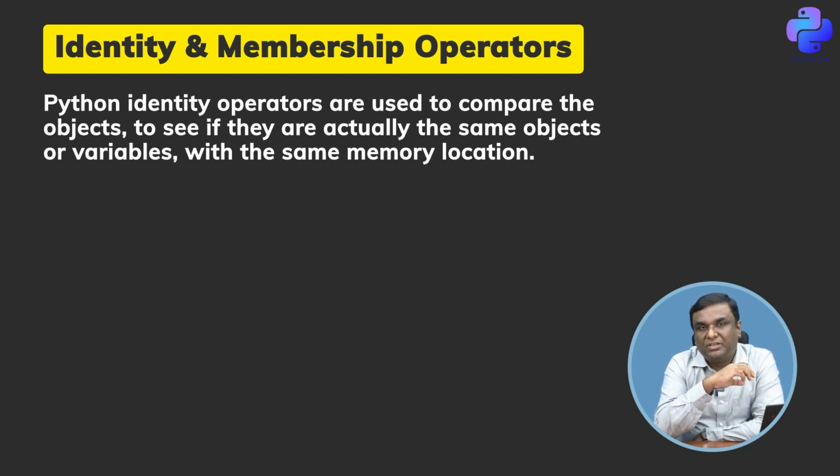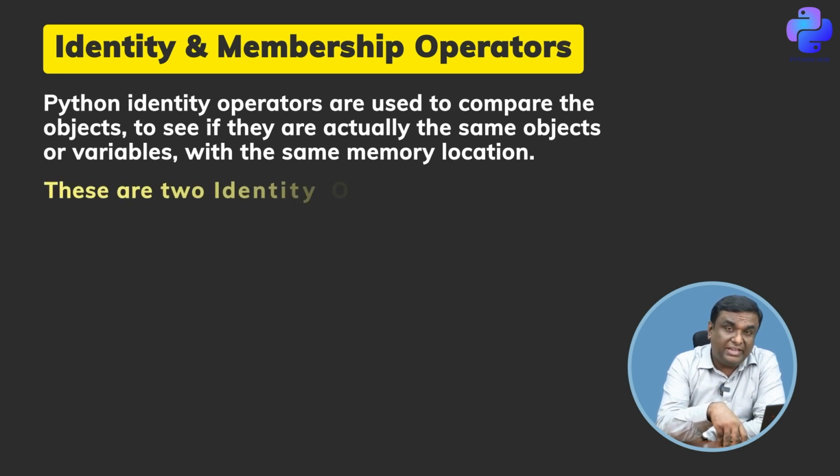If you remember, we can assign a value to a variable, we can assign a reference to a variable. So when you are assigning a reference to a variable, it is the same memory location that you are trying to tap. So you are using identity operators to check whether two variables have the same reference or are using the same object. That's what we are trying to find here.